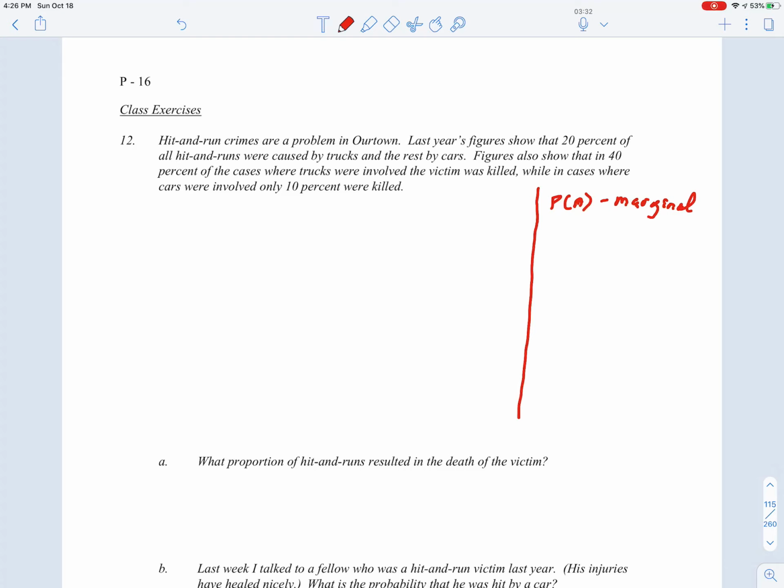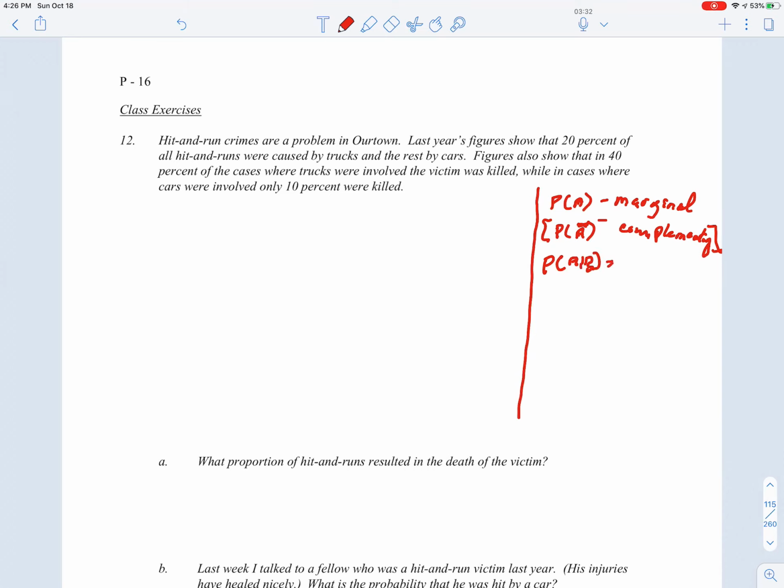And I suppose its complement, not A, we can include that in brackets, as the complementary probability. But I'm just going to focus on marginals, because if we have marginals, then we know what the complementary event, not A, is.